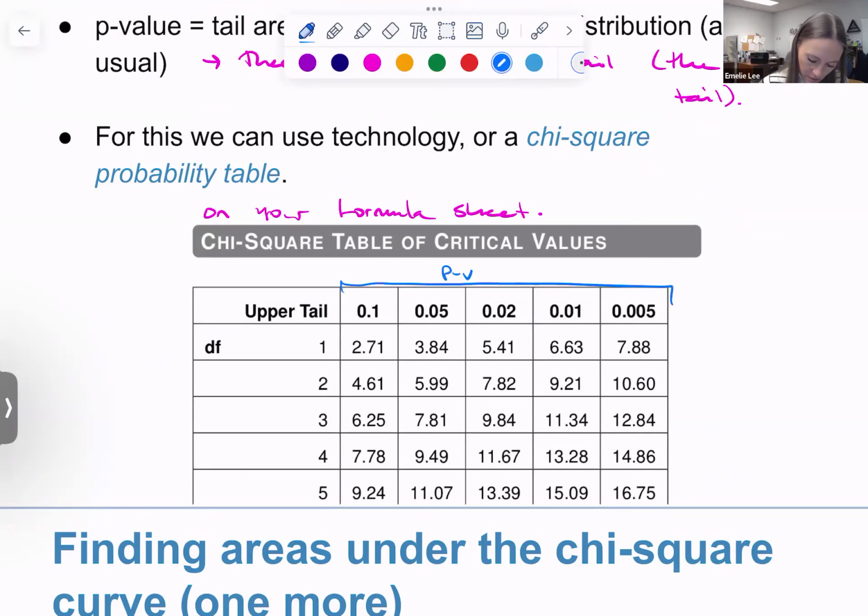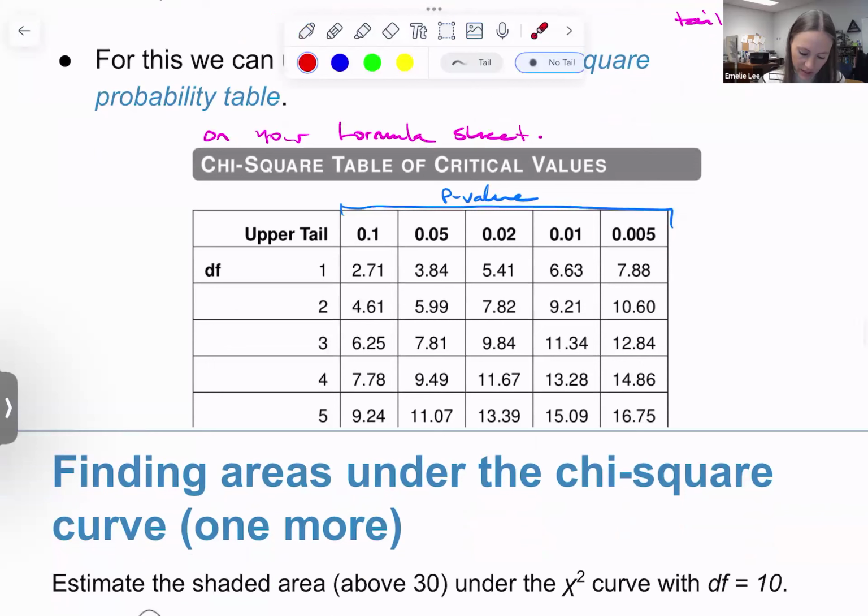And these values, the degrees of freedom is k minus 1, the number of groups minus 1. And so what's interesting about the chi-squared that we haven't seen before is if you have 4 groups, then you have 3 degrees of freedom. You ignore all the rest.